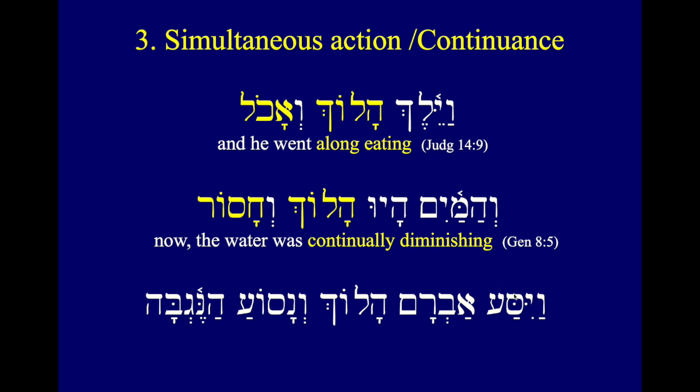The noon, this front here, this vayi part got stuck onto the front of the verb. The noon got scared and jumped into the samek, which noons are known to do. So this is nasa, which means to set out or journey. And Abram journeyed. Here, by the way, is Abram our subject, right? And then haloch, again, the call infinitive absolute form of going. And then v'nasoa, which is again from nasa, the same verb here, to journey, going and journeying.